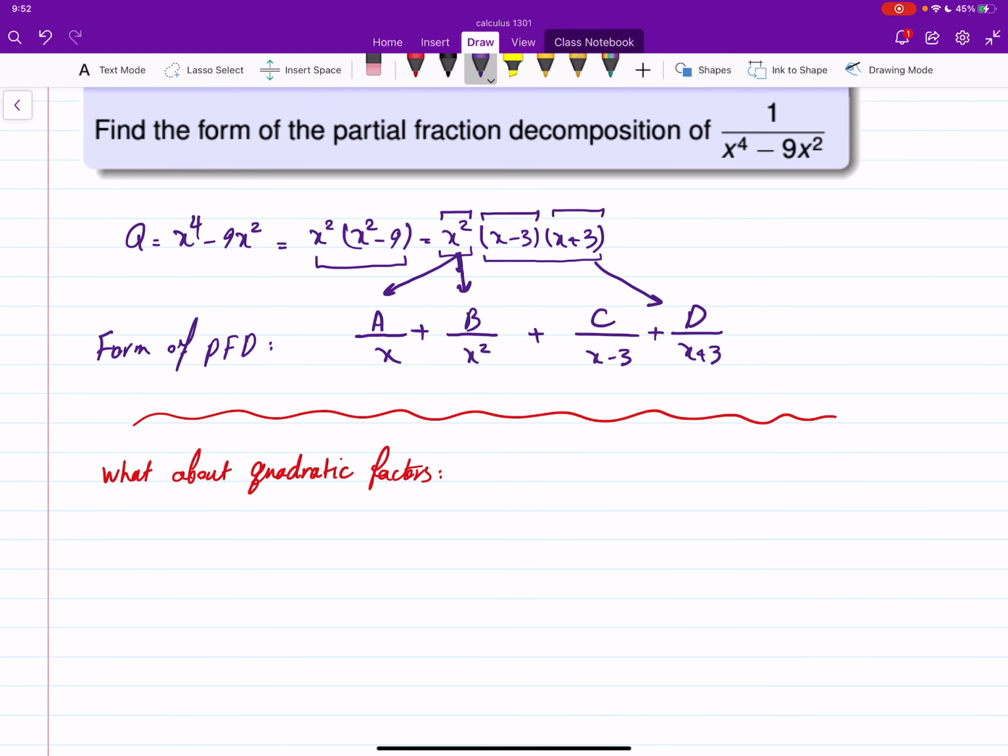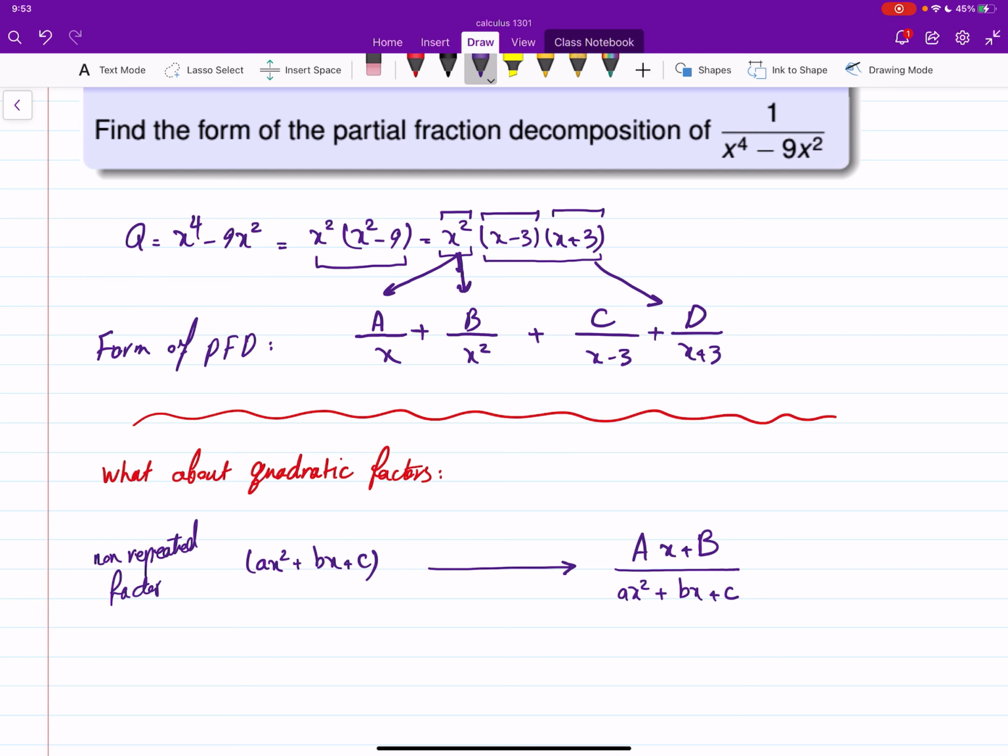So you first factor out, and if you have ax squared plus bx plus c with power 1, so a non-repeated factor, then for this we will assign one of these partial fractions which has a quadratic denominator. So this will be there. Remember, for the quadratic, the numerator is ax plus b.